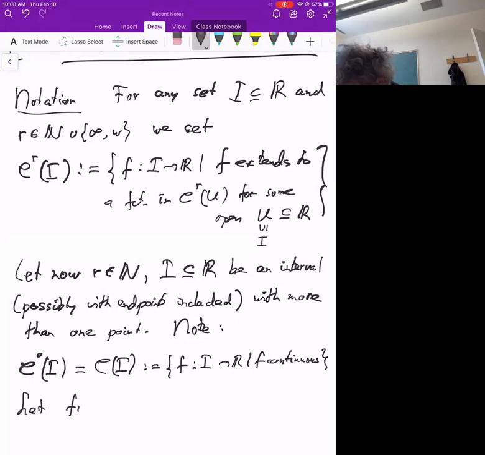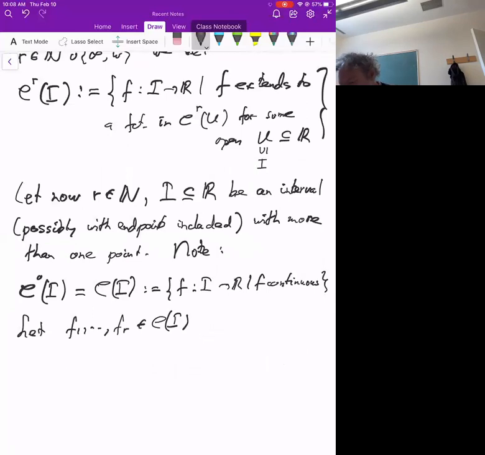Let f1, ..., fr be in C(I). So we have now continuous real valued functions on I, and then we can consider the corresponding linear differential equation. But I'll introduce it as a map.